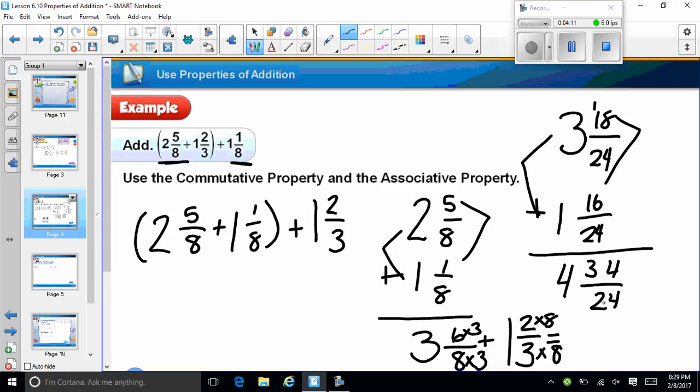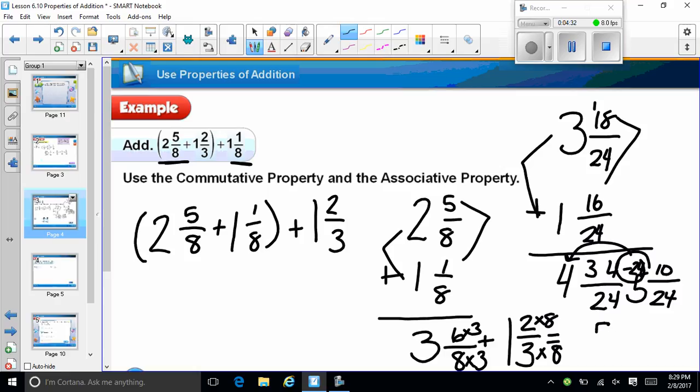Looking at my fraction, I see that I can pull a group of 24 out. I always do it this way where I subtract my denominator, and that tells me I need to add. And then I get 10/24ths and 5.